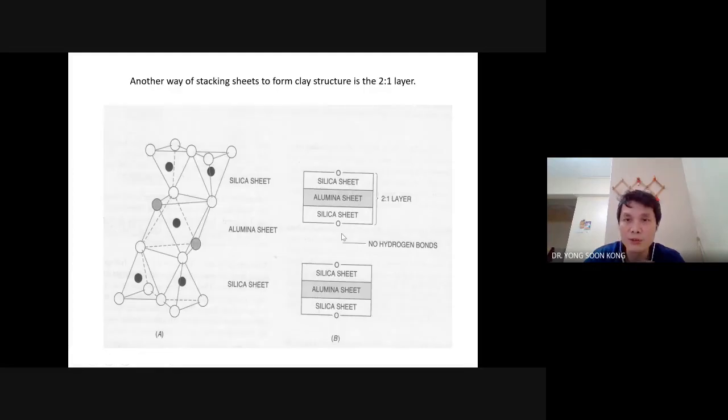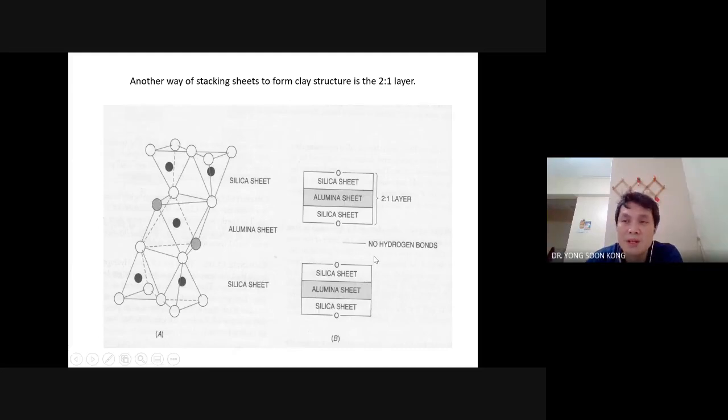Now, for the 2-1 layer, each of these micelles has negative charge. Negative with negative, they repel. So the interaction here is not just no hydrogen bond, it's repulsion, because here you have negative, the other side you have negative.